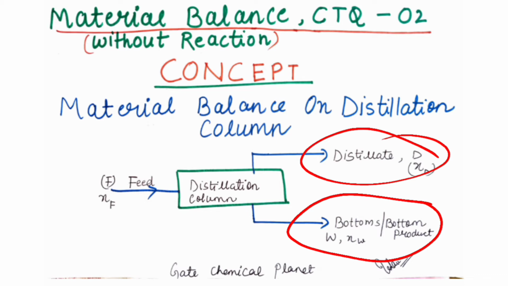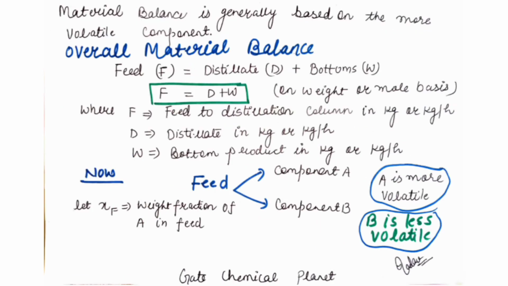Now we will discuss the block diagram of the distillation column. So this is the feed. Feed is fed to the distillation column, and here we are getting the distillate D and the bottoms W. So what do we mean by XD, XW and XF? We will discuss that here.